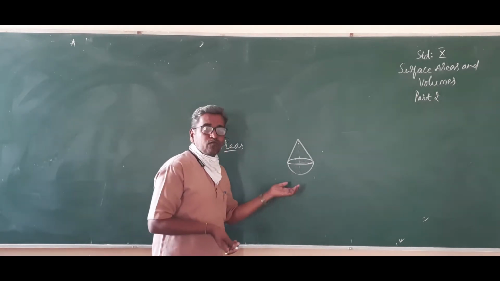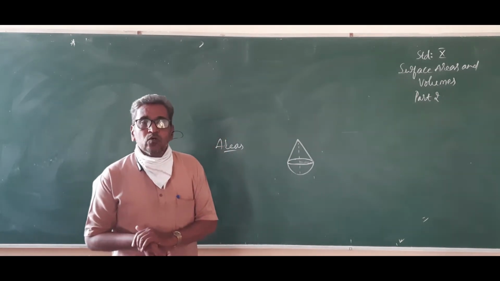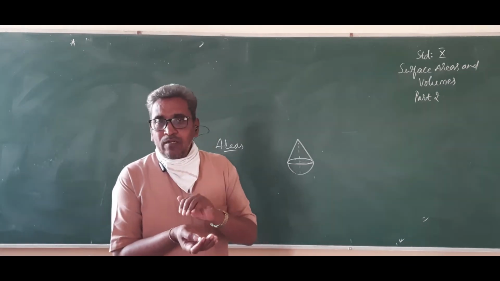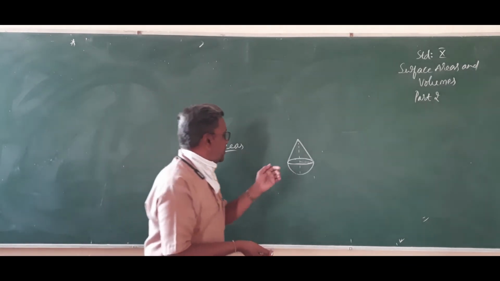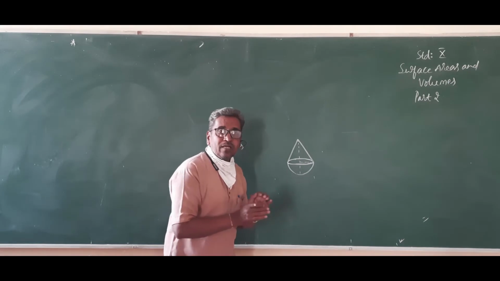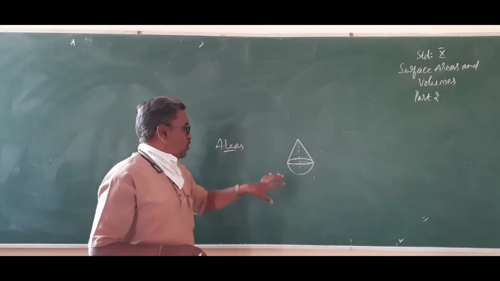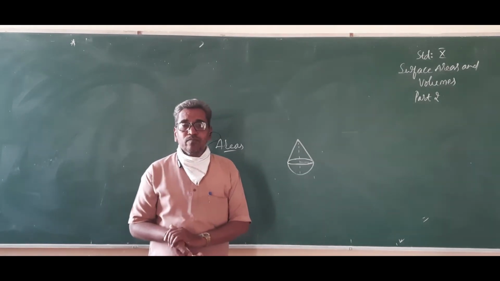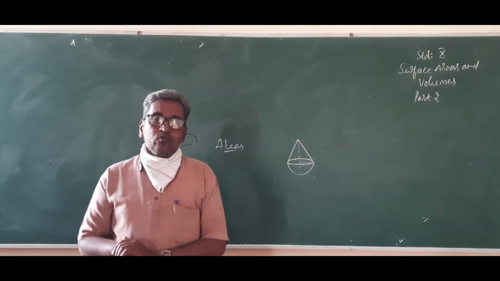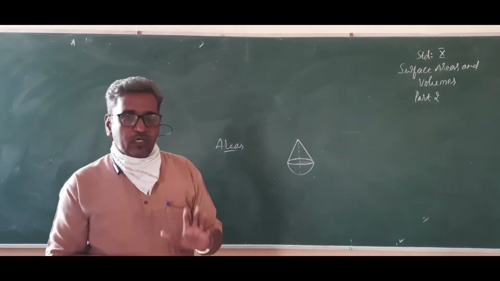But at the time of finding the volumes, the cone and hemisphere are calculated separately and added. This is the only point to remember when calculating the volumes of combinations of solids.